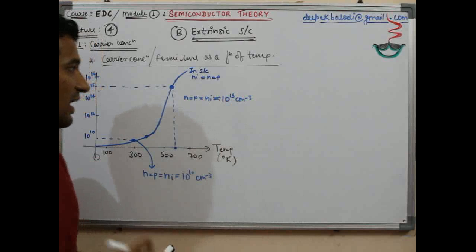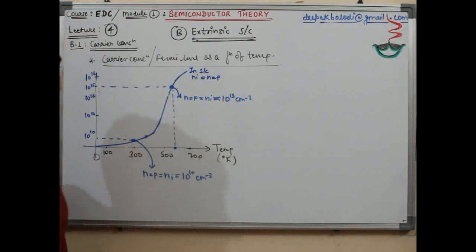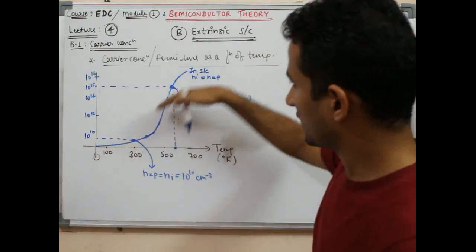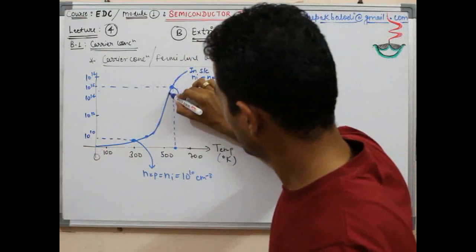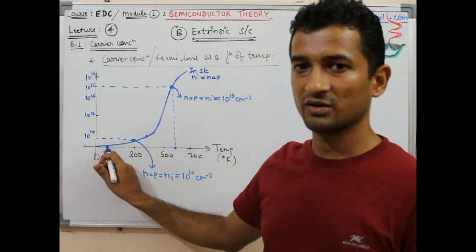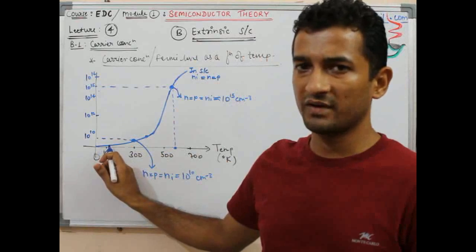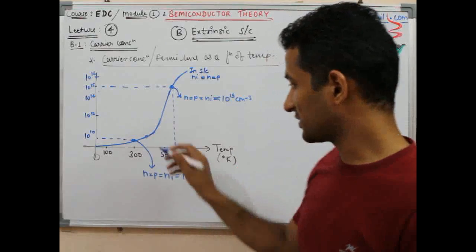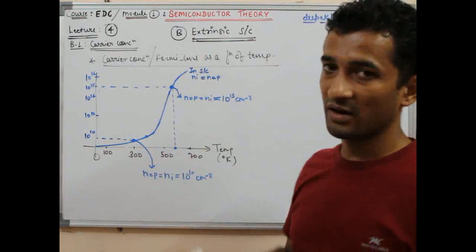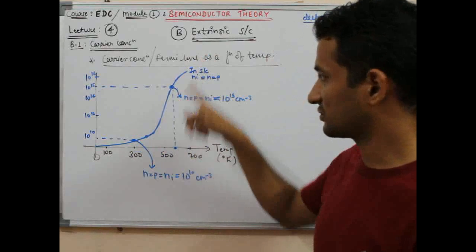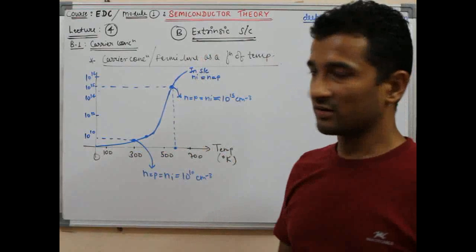But still, at any point on this curve, the number of electrons and number of holes will remain the same, because this is the curve for intrinsic semiconductor. At very low temperature, the carrier concentration is very poor, or there are no free carriers. But as soon as we increase the temperature well above room temperature, they suddenly increase at a rapid rate, because 600, 700 is too high. So this is the trend.